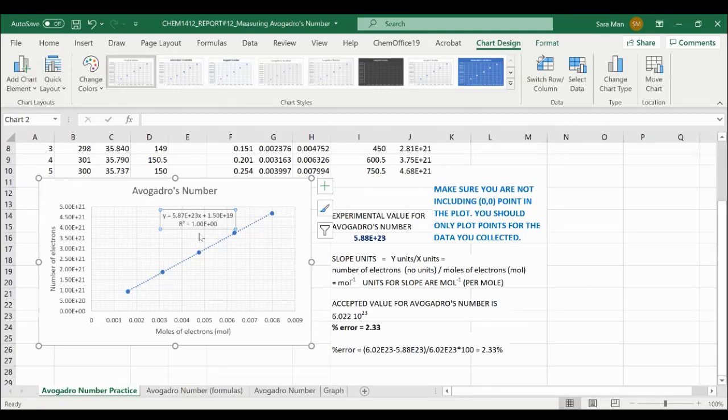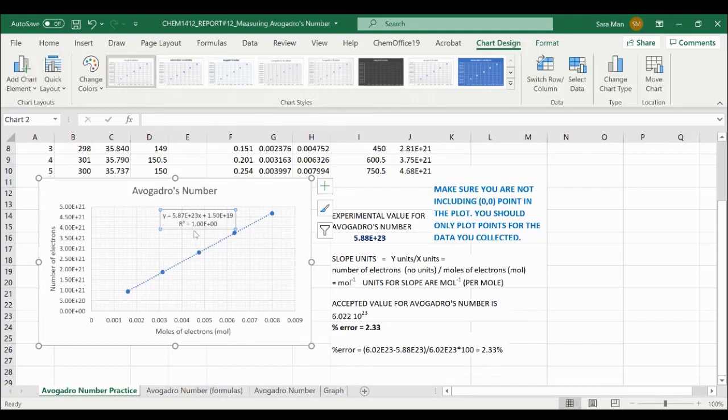See how different it is? So don't forget to do that. Right-click on the box and change the category to scientific. That will give you a better value. And then we have the R-squared value. That is the statistical correlation coefficient for the line.